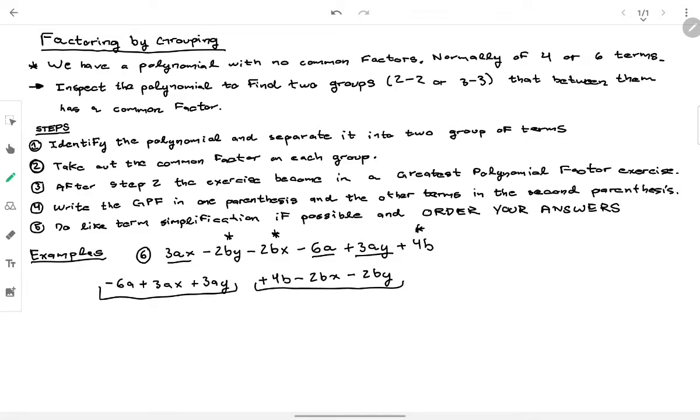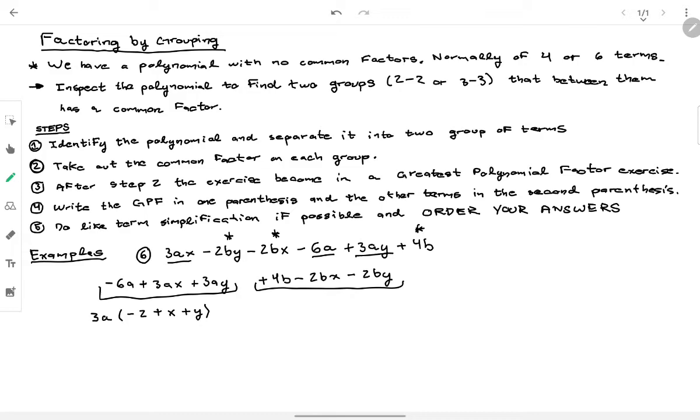On the first one, we can take out a number 3 and also an a. So it's going to be multiplied by minus 2 to become minus 6a, multiplied by plus x to become 3ax, plus y to become plus 3ay.